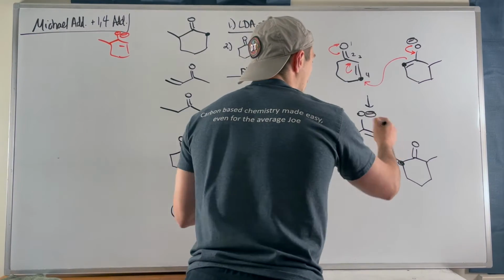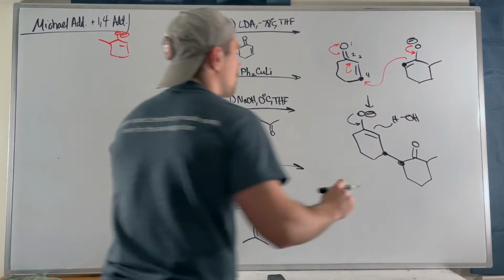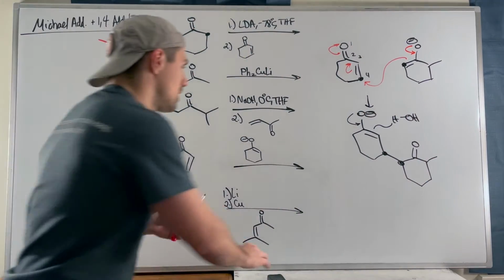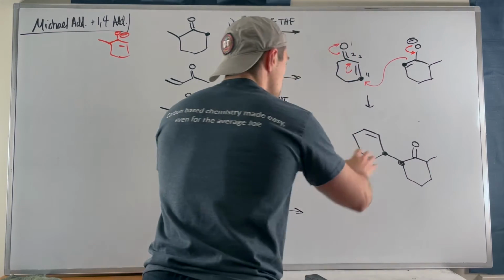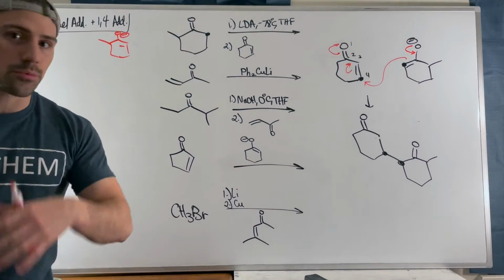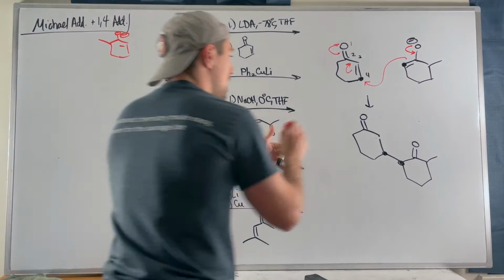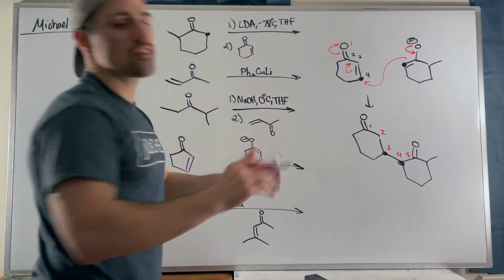The way it does that is this swings down, and this grabs something like a proton from water, anything really. So the point of the matter is you end up with two carbonyls, and in the case of doing a Michael addition, which is a 1,4 addition with an enolate, you get a very characteristic 1,5 dicarbonyl, okay?